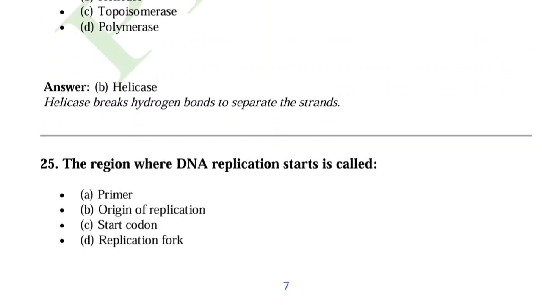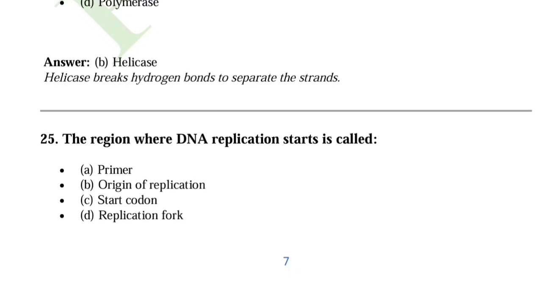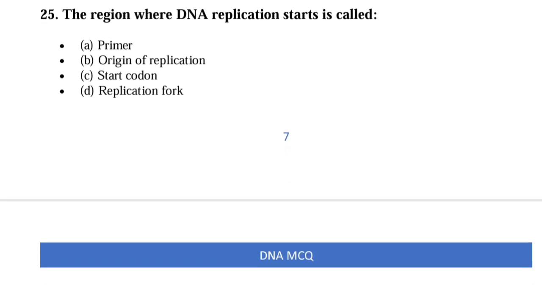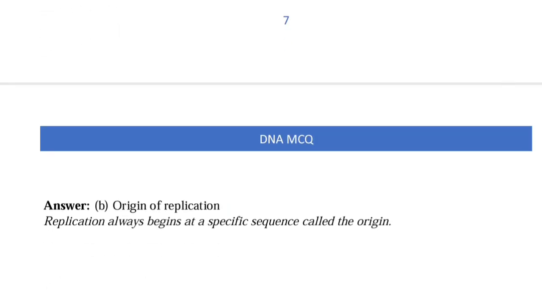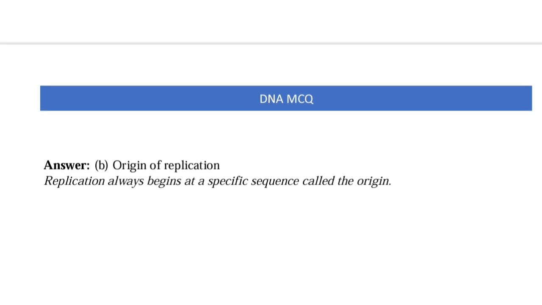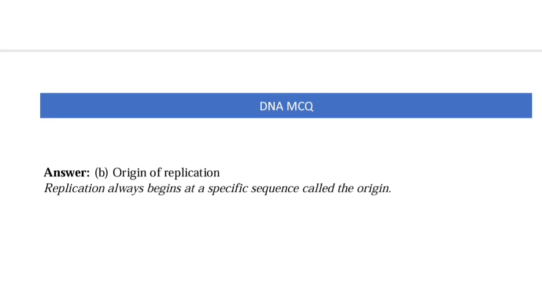Question number 25, the region where DNA replication starts is called. So origin of replication is the right answer. Option B is correct. The site of replication is known as the ori site, that is the origin of replication site, because replication always begins at a specific sequence called the origin.